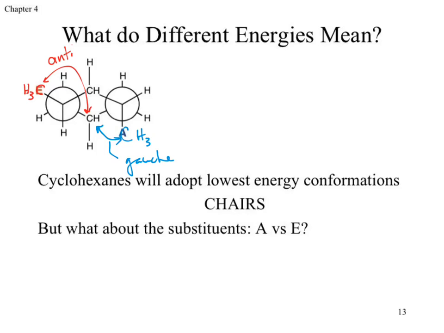So what we end up concluding from this information is that I want to put my largest groups, whatever those groups may be in a ring structure, in the E position. What is the E position? Equatorial versus axial.